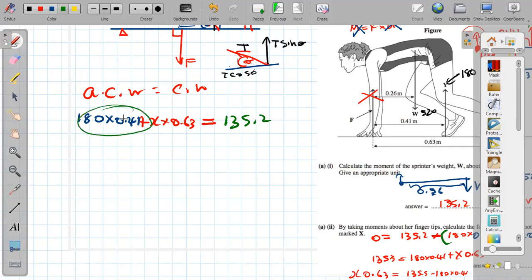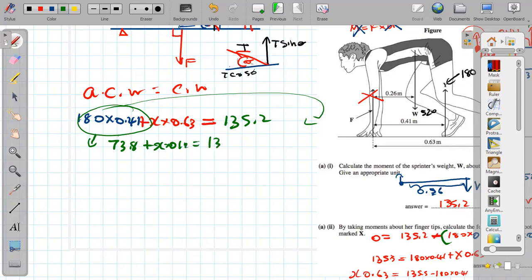Now you can just get the answer for this one and subtract it from here. You can do it step by step. So first find out this answer. 180 times 0.41 is 73.8, plus x times 0.63.